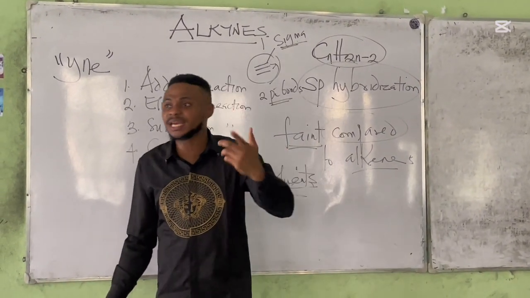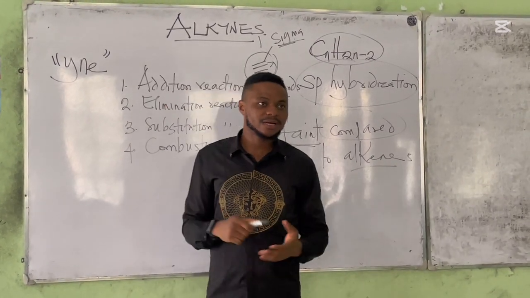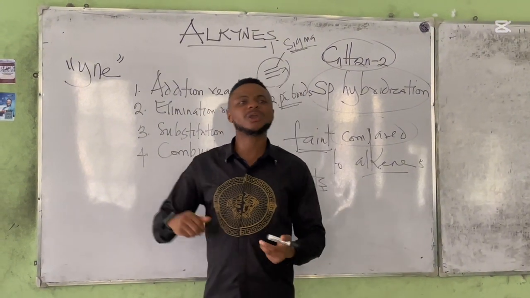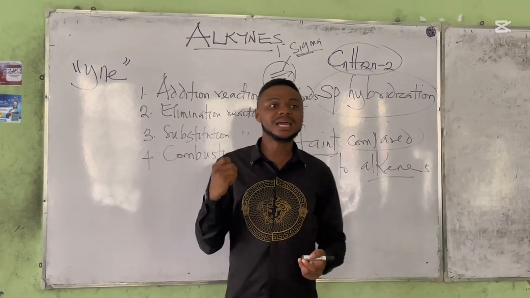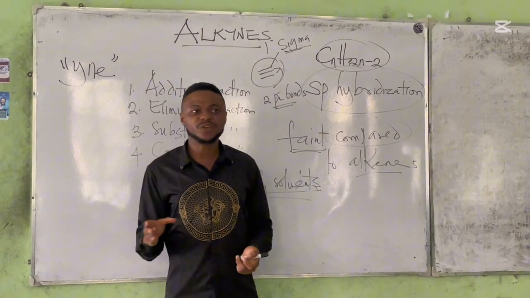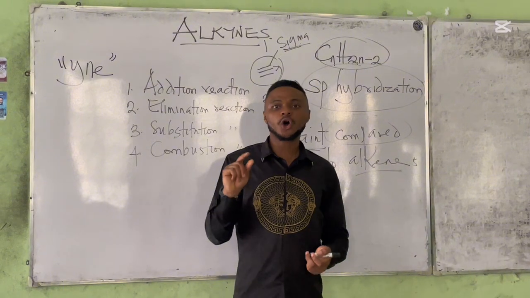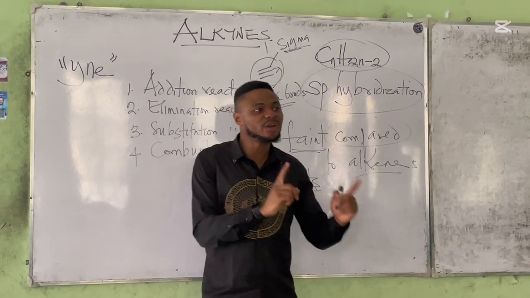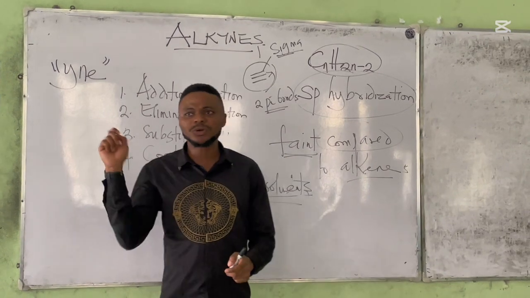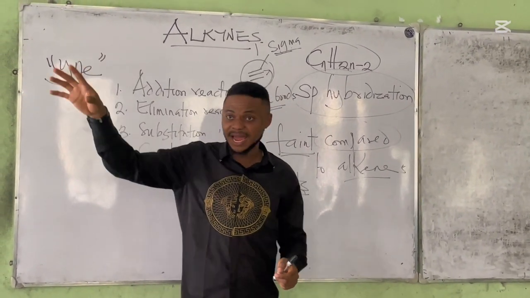Ethene is called ethene because it is of the alkene family. The suffix is ENE. Then for alkynes, we will have ethyne, because of the suffix YNE. So every member of a given homologous series carries a nomenclature that ends with the suffix of that series. Is it clear?